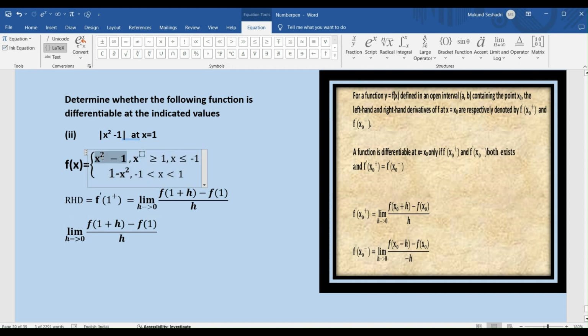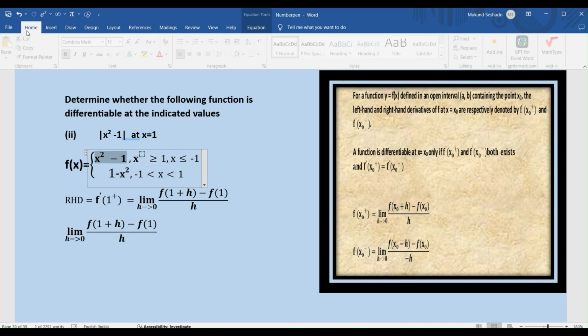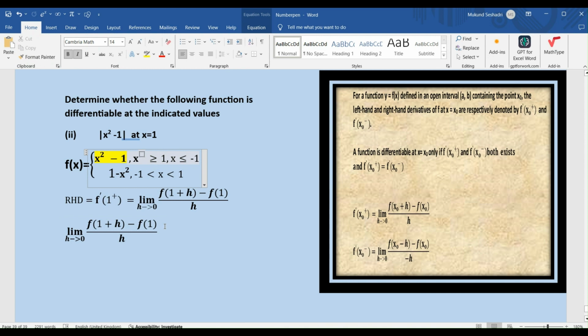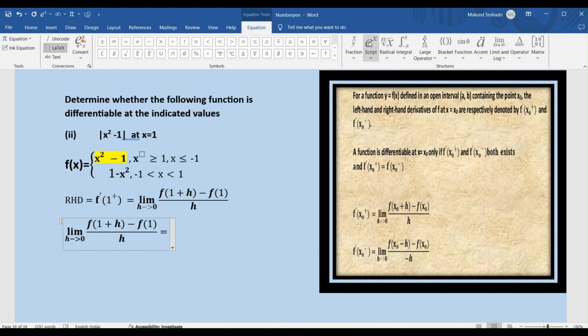So I will have to pick up x square minus 1 as the function to be substituted here. And what do I do with this? All that I do is wherever I have an x, I will have to replace it by a 1 plus h, right? So let me do that. So I will have 1 plus h the whole square when I write this, right? So let me write 1 plus h the whole square minus 1, first part of the numerator. And then I have my f of 1, right?